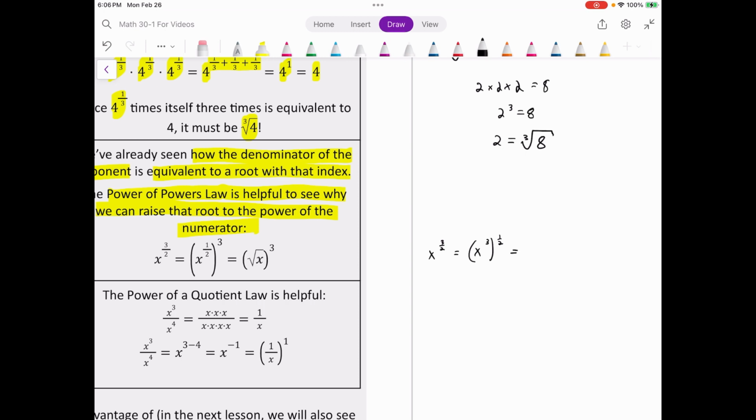Well, x cubed is x cubed, but if we take the square root, we're now left with the square root of x cubed. So these two are equivalent. The square root of x, cubed, is the same thing as the square root of x cubed. Okay, those are equivalent expressions.